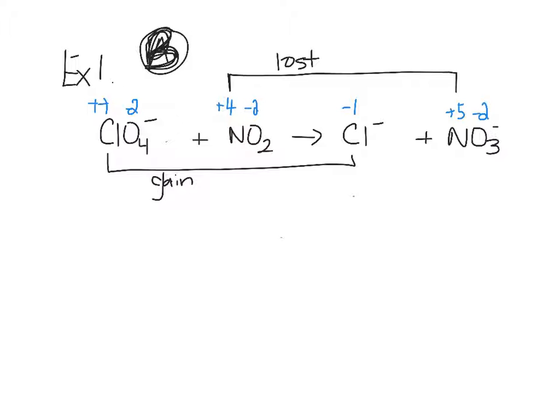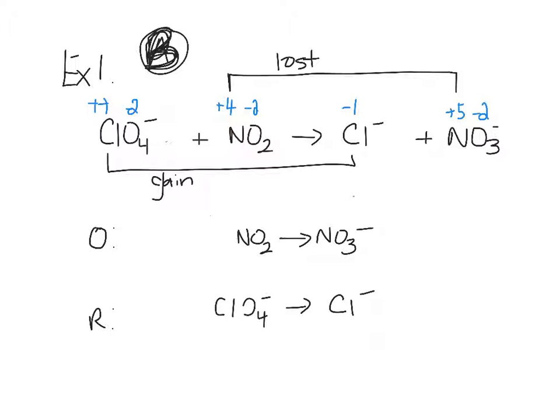So we're going to write out half reactions. So our oxidation is NO2 going to NO3 minus. That means our reduction is ClO4 negative going to Cl negative. You have to write out the whole entire compound or ion that is involved in oxidation and reduction.